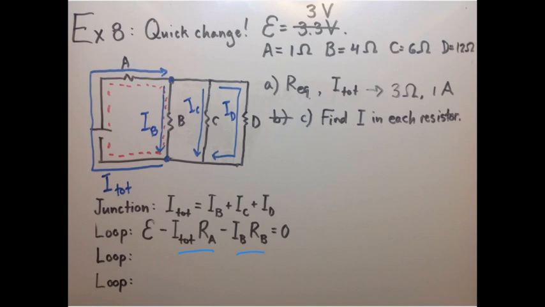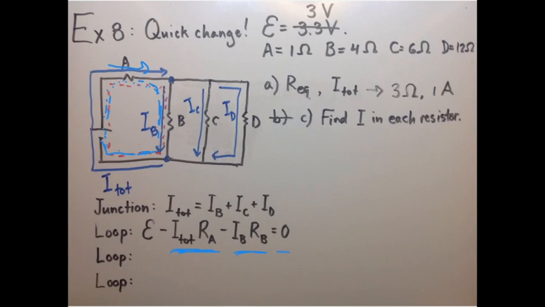Going through resistor A is I total, so the volts it uses are I total times resistance A. Then as I move further around my loop and I get to resistor B, the volts used by it are current B times resistance B. It's got to be the current through that resistor times its resistance for how many volts it uses. At that point, I've done my battery, resistor A, and resistor B, and now I'm back where I started. My loop is complete, and so I write equals 0.